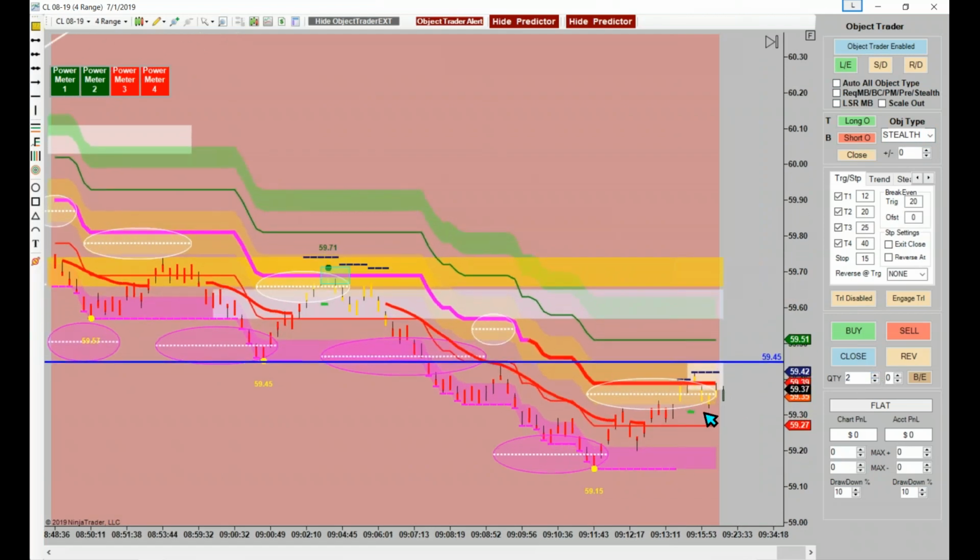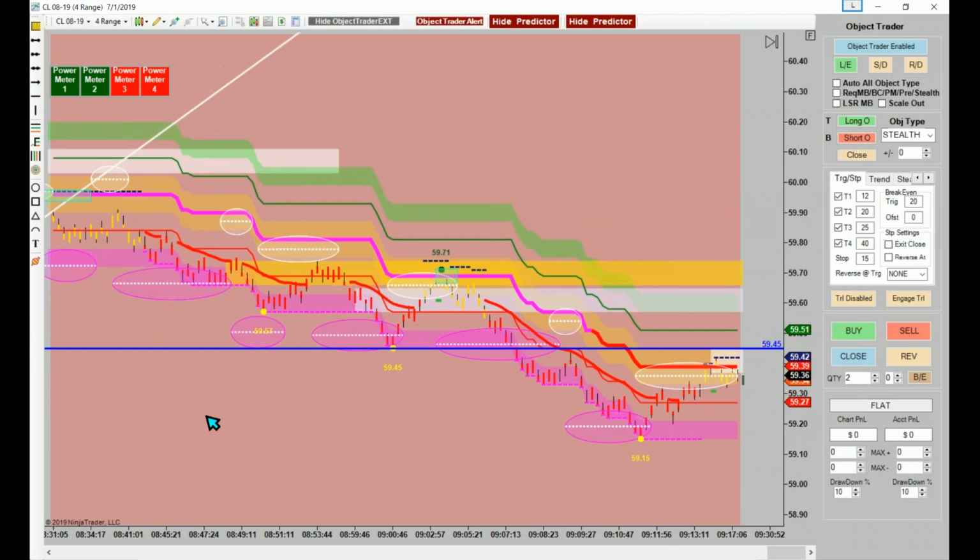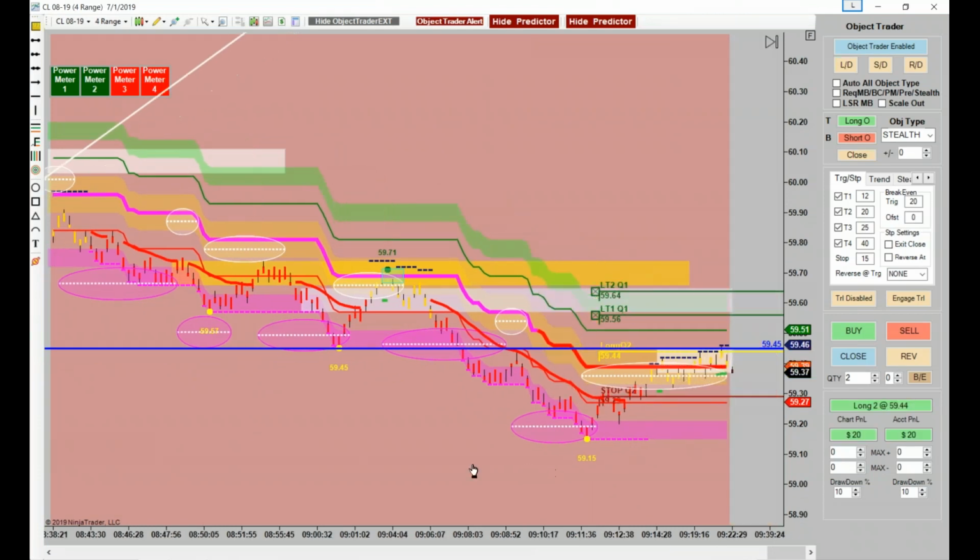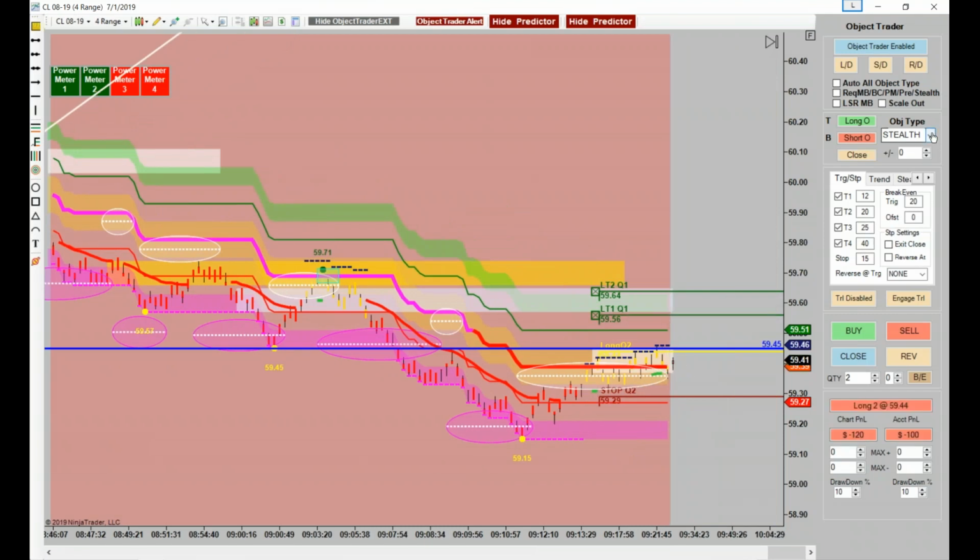Okay, see how it gapped stealth so far? If you had a stealth that was actually starting to stair step up, it would be connected, but you've lost connectivity to it because they're actually taking it out. Okay, now watch what it does. See, and stealth fires, and you get your trade.